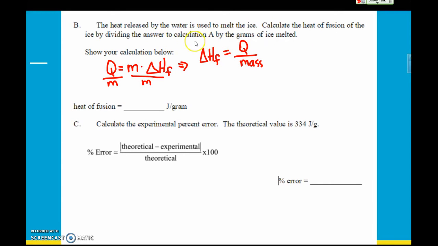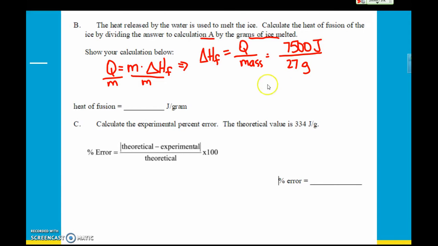And if you read up here, they say take the answer to calculation A and divide that by the grams of ice melted. So if you look at your data table, you should see that 27 grams of ice was melted. And when I did the calculation in part A, I got 7,500 joules.